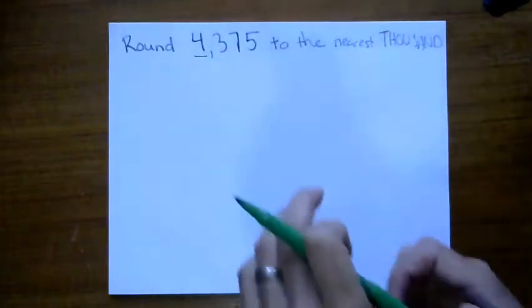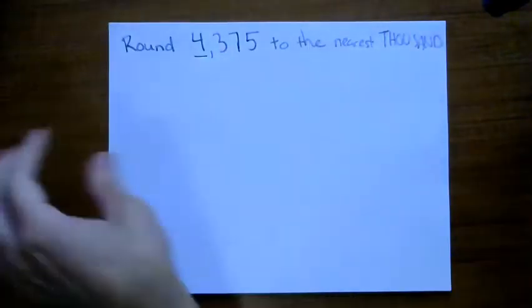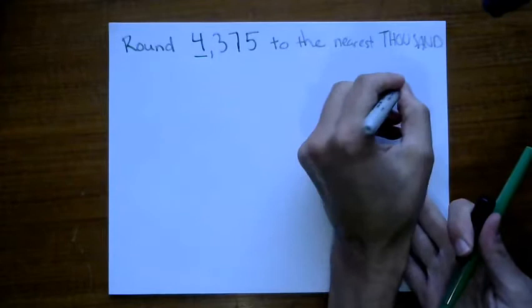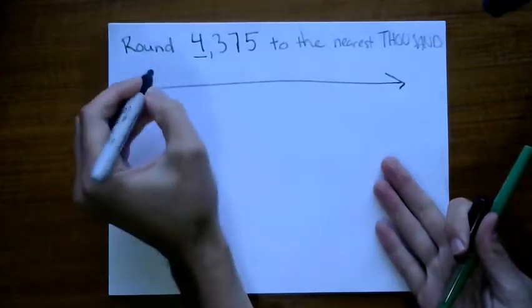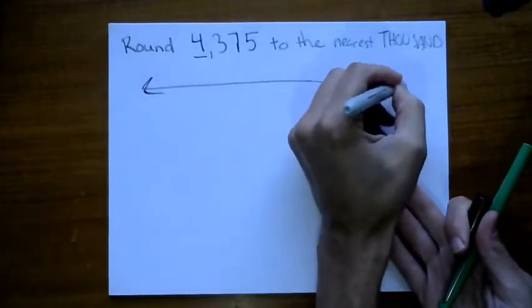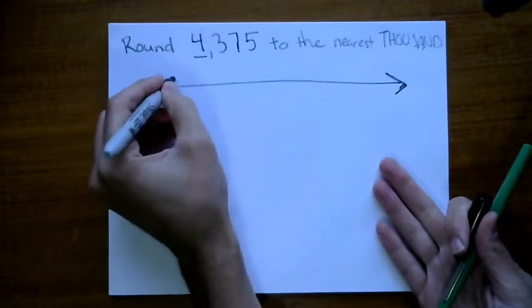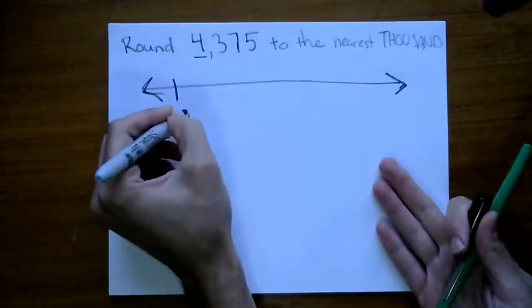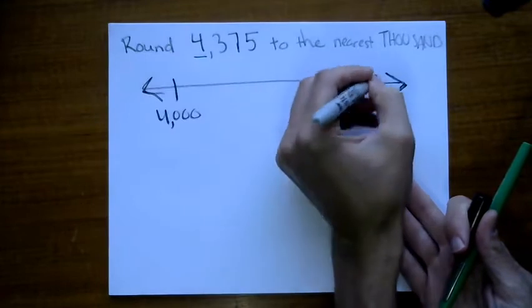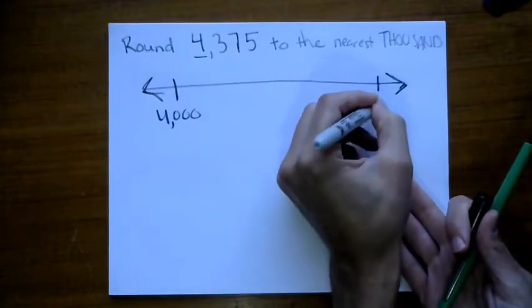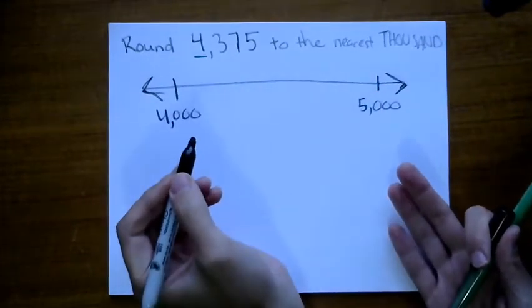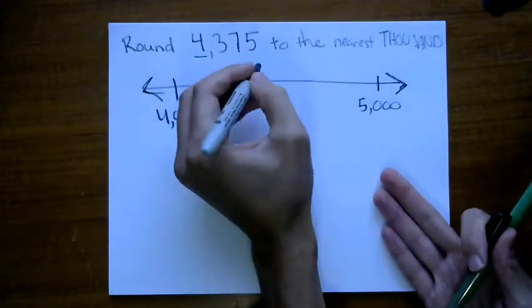And that is what I'm going to write for my number line. So we'll be using the same number line all week. So you're going to the nearest thousand, so this is a little bit more than 4,000, but it's less than 5,000. Now, what is half of 1,000? 500.